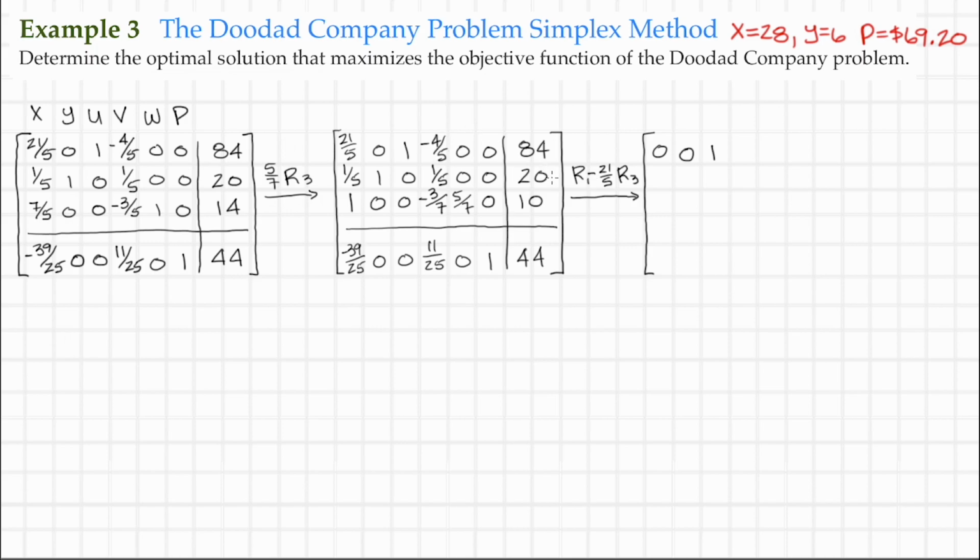Negative 4/5 minus negative 9/5, or in other words, negative 4/5 plus 9/5 is 1. 5/7 times 21/5 is 3. 0 minus 3 is negative 3. This is 0. Bring down our vertical bar. 10 times 21/5 is 42. 84 minus 42 is 42. Close off our matrix, and we fill in the rest.